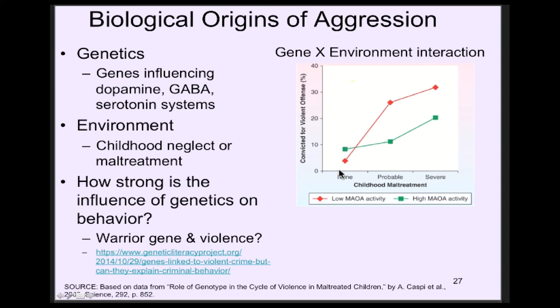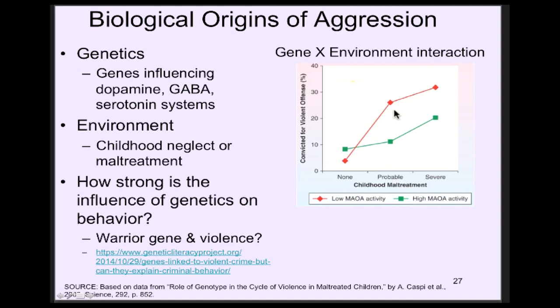And I just want to point out that when there was no childhood maltreatment, there was no greater incidence of violent offense in individuals with the gene that corresponded to lower levels of serotonin. But let's see what happens in individuals who do experience childhood maltreatment.